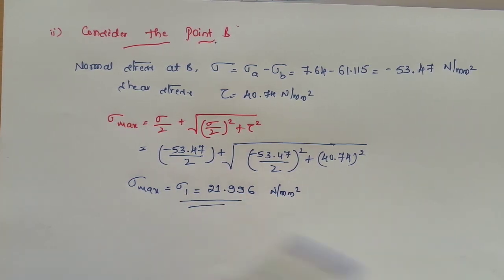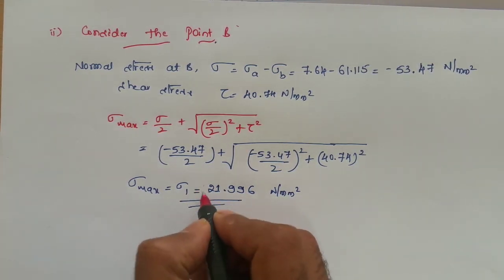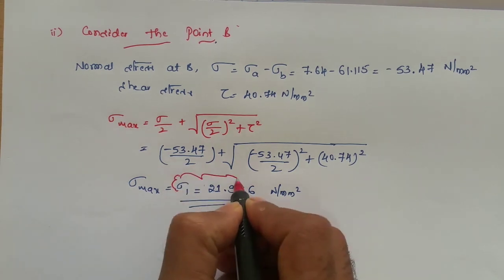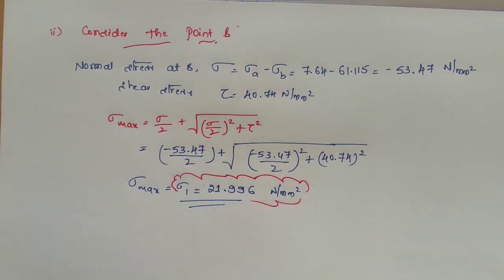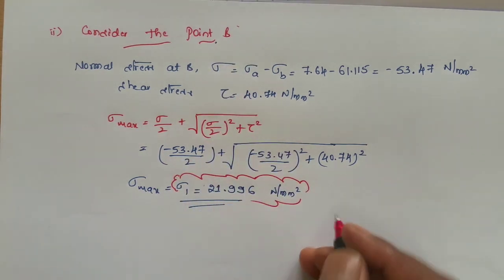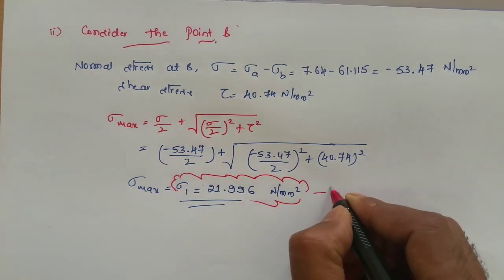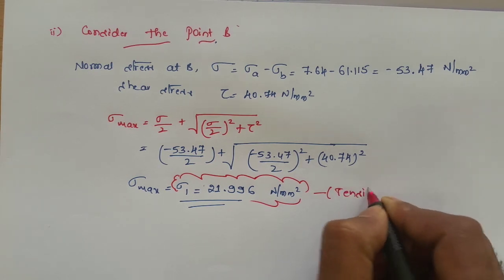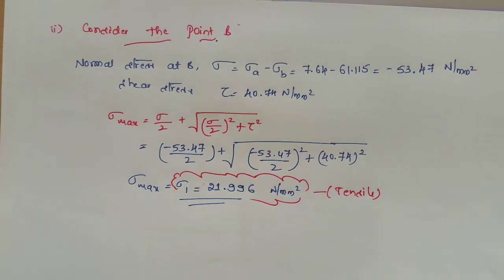Here we can see we are getting a positive sign, which means it will be tensile in nature. The maximum stress at critical point B is tensile because of the positive sign.